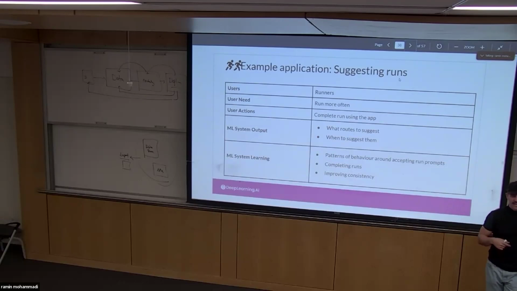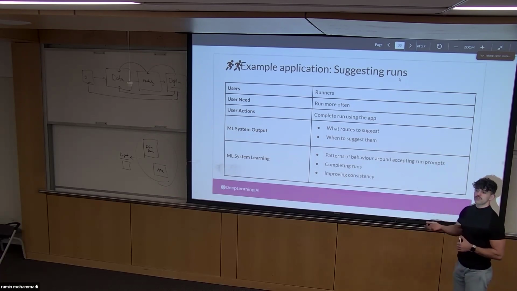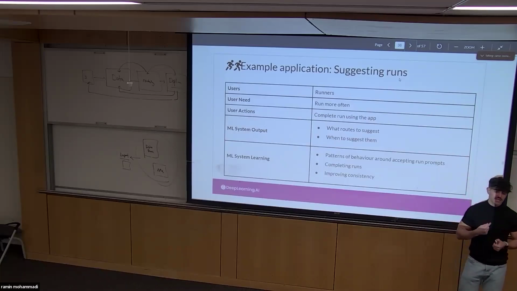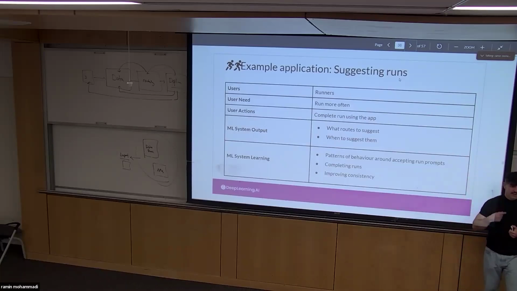But if they start the run and they never complete it, maybe that's a bad sign. Maybe that's feedback that the run you suggested either was boring for the user or too difficult and challenging for the user, or something. So basically your model should be able to get this feedback. Some of the feedback you directly get from the user, and some of it you can infer based on the results that you're seeing.